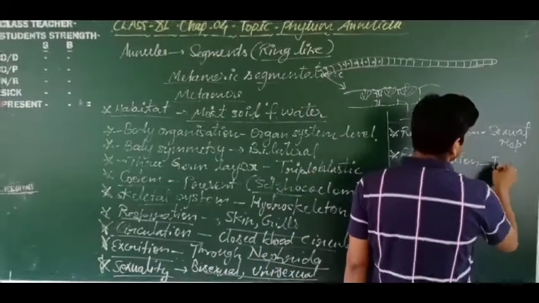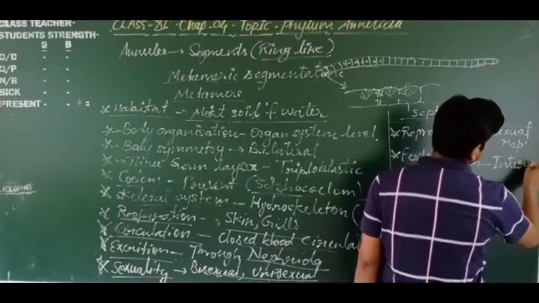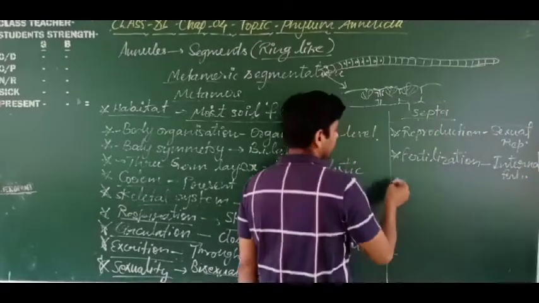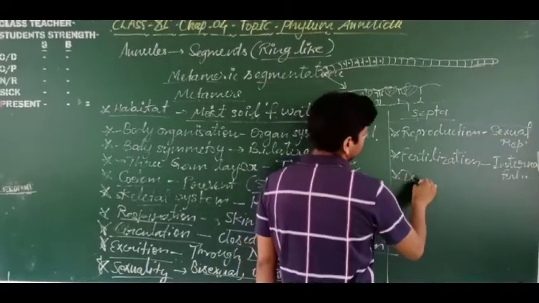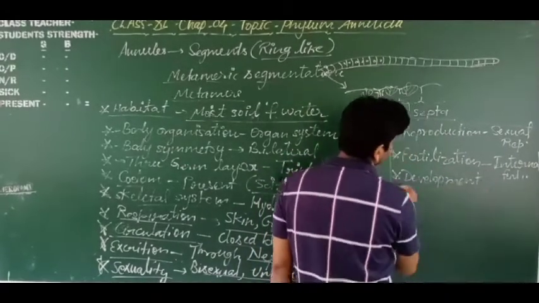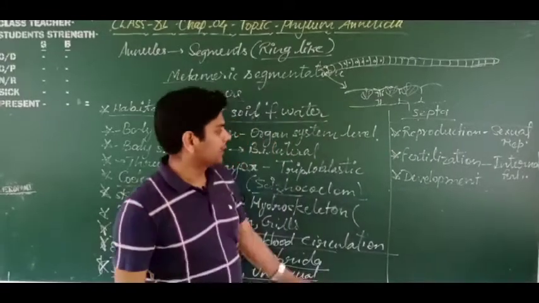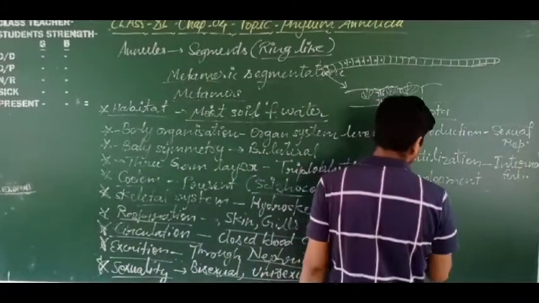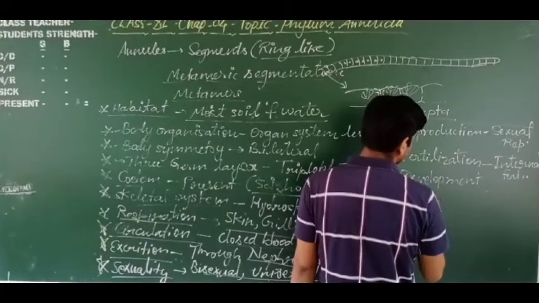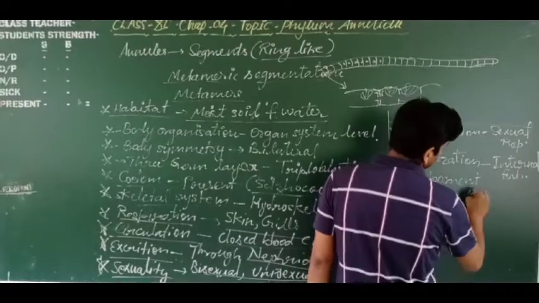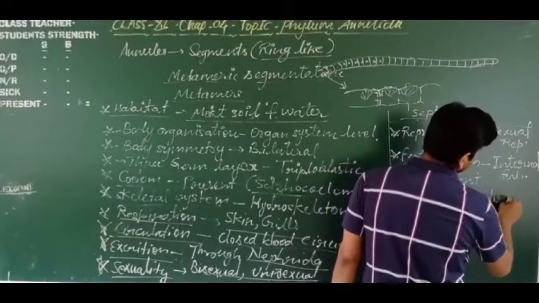That is why this is known as internal fertilization. Next one is development. Mainly both types of development are present, indirect and direct development.